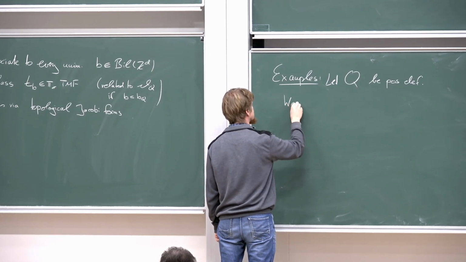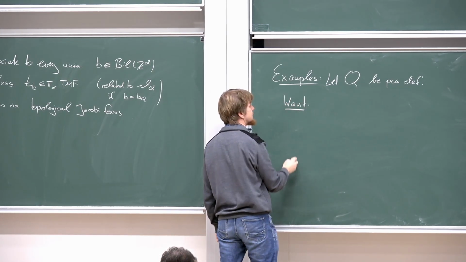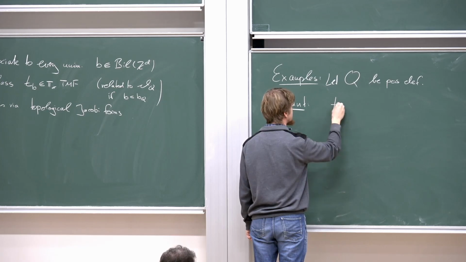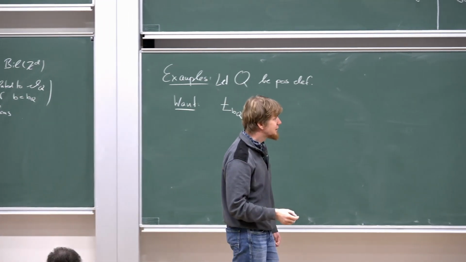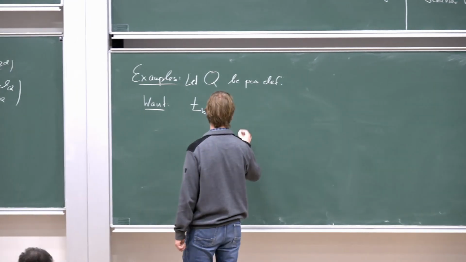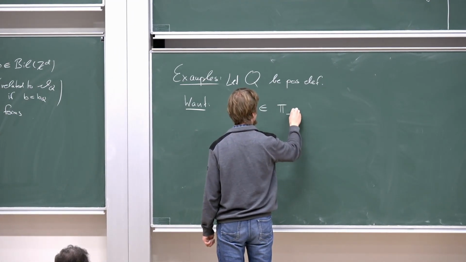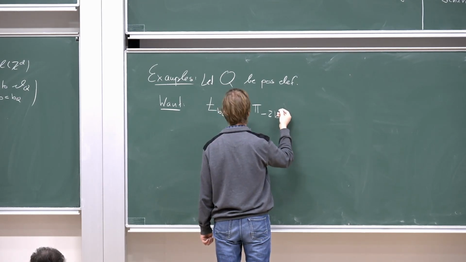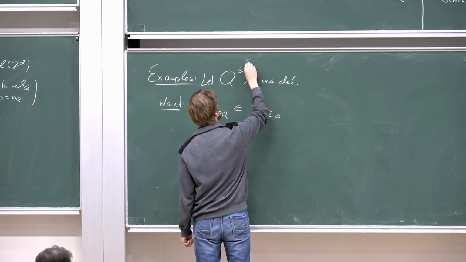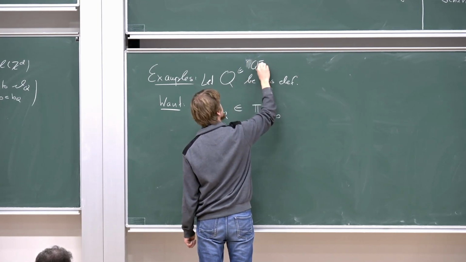So we want to say that, so we have now T of the corresponding bilinear form, which sits in pi minus 2 B plus, and B plus in this case is a QF CD.